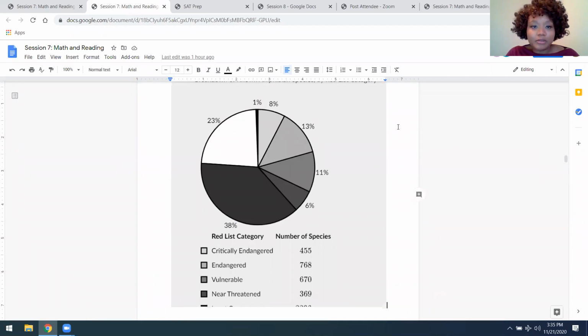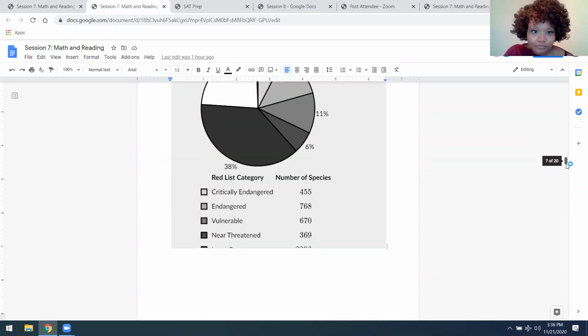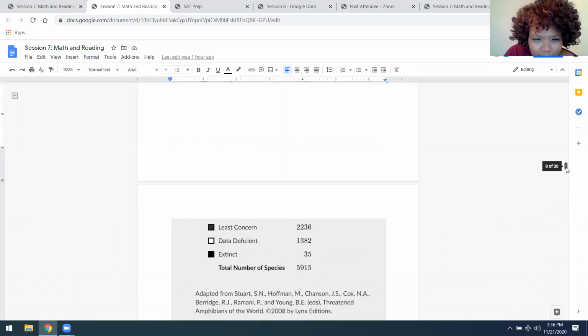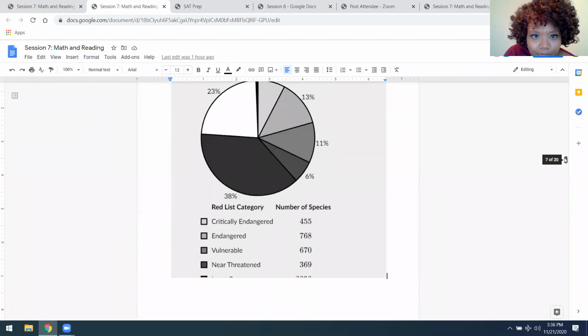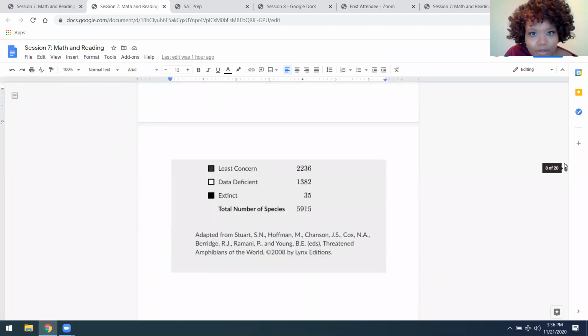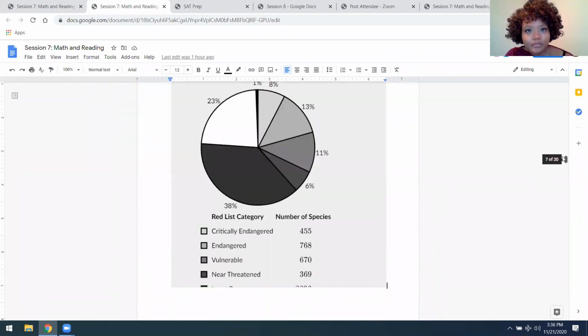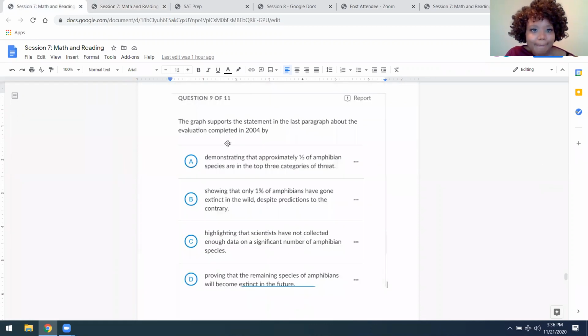It's just simply showing you this big portion here, least concern. So it's not really proving, nor does it say in the passage, that the remaining species of amphibians will become extinct in the future. So answer choice A again is correct.